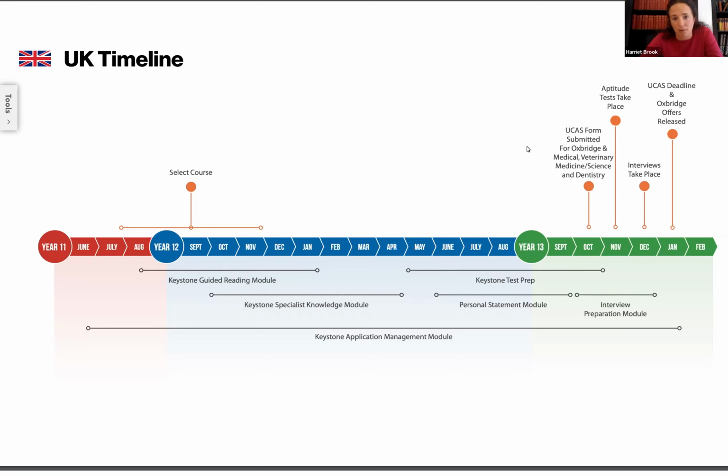And then the test preparation, we would recommend starting that towards the end of year 12. So you're studying that just before the start of the summer holidays, and therefore your summer holidays before you start your final year of school can be well used preparing for your entry assessments if you have them, and writing your personal statement.